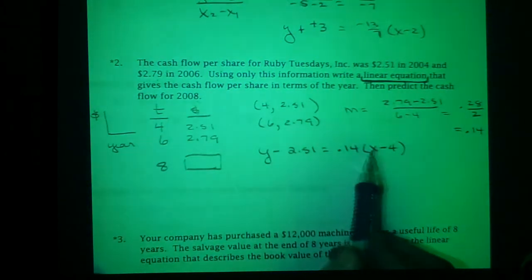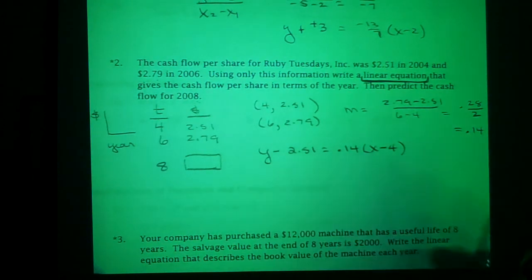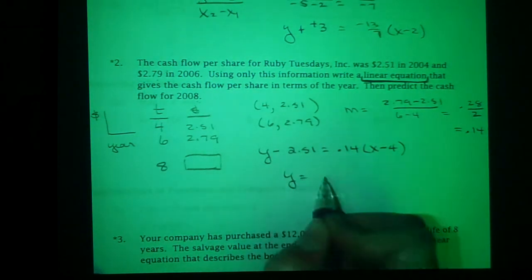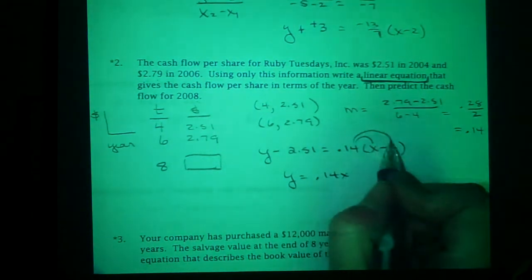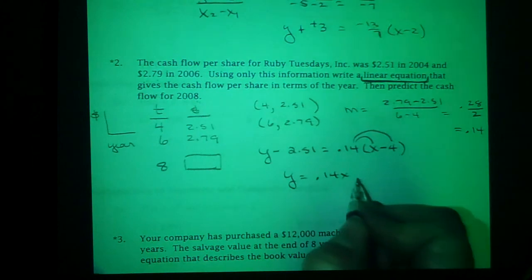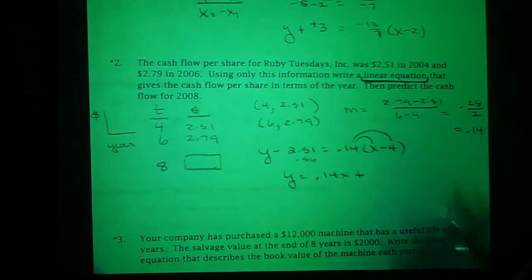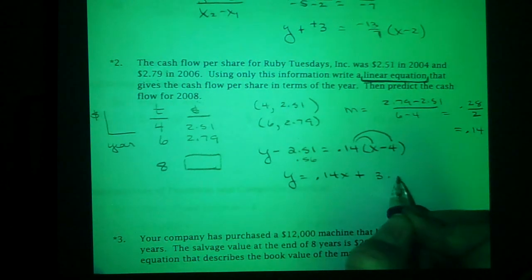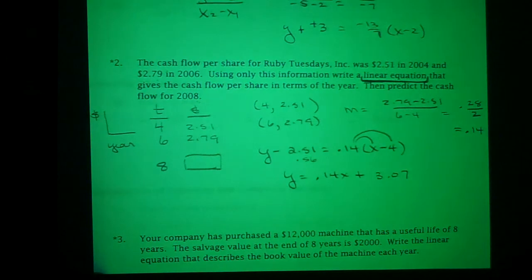Or I could plug the 8 in here and subtract and then multiply, or I could distribute here and get 0.14x, here and get 0.56, and add the 2.51 to 0.56 and get 3.07, and then plug in the 8. Whatever makes the most sense for you is what you want to do.